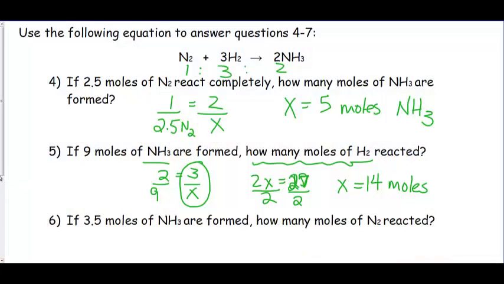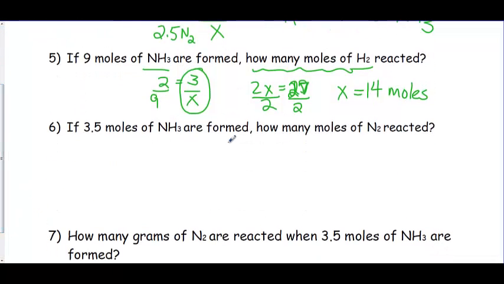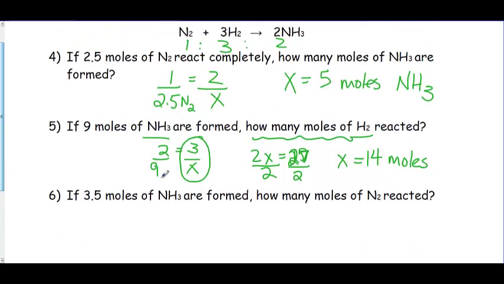Okay, now number 6, if 3.5 moles of NH3 are formed, how many moles of N2 react? Again, let's look. We're talking about NH3 and how many moles of N2. So we have to look at that portion. N2 is 1, okay, for the N2 side, and we want to know how many, so we're going to put an X there. NH3.